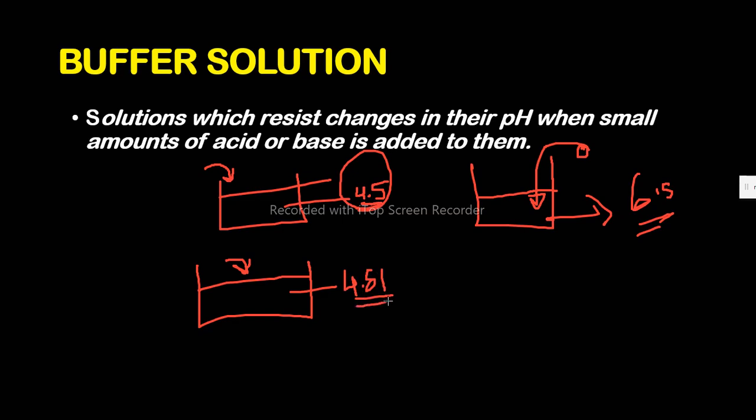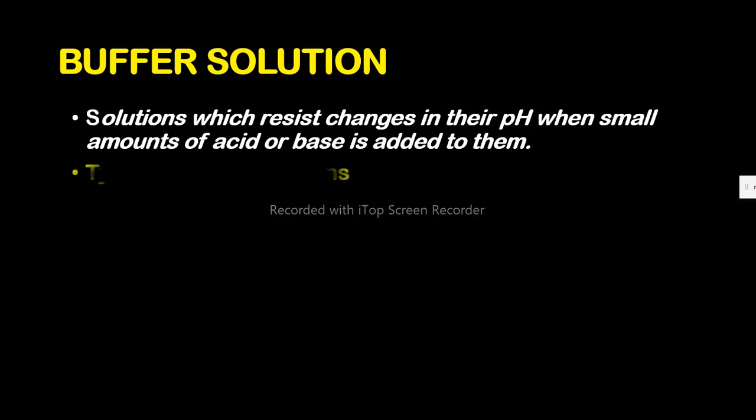It just adjusts a little bit, but it resists changes in pH when a little base or a little acid is added into it. So now, you should be wondering, how do they do it?